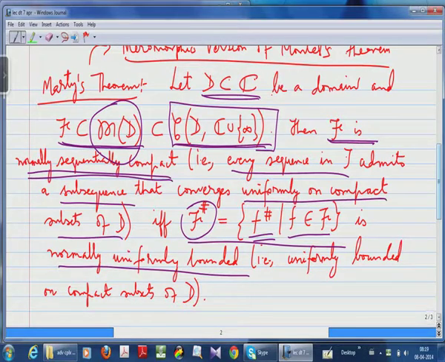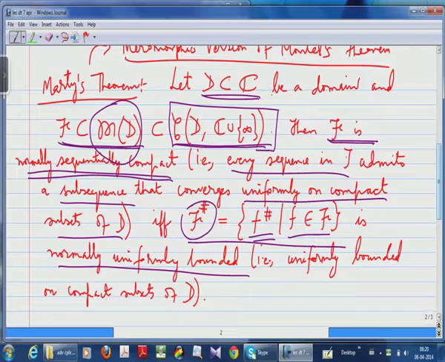Now in the case of Marty's theorem, there is a slight advantage. If I look at it in one direction, why is it that the normal uniform boundedness of derivatives should give me a normal sequential compactness?